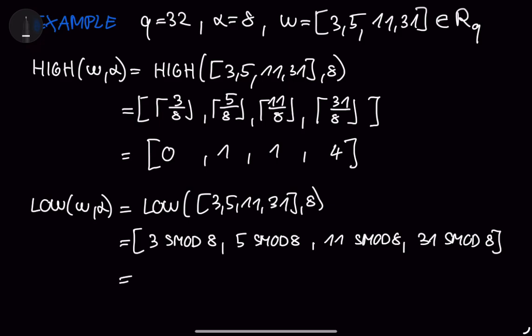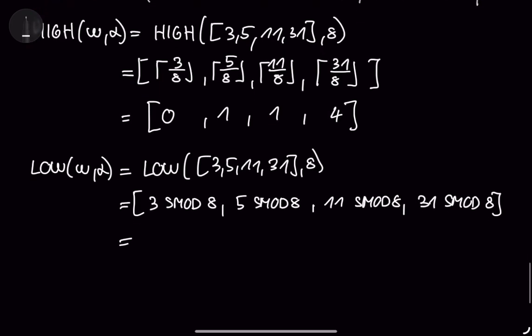So the S mod case, we subtract 8 from the value if the value is bigger than 4, and we leave it if it's smaller.